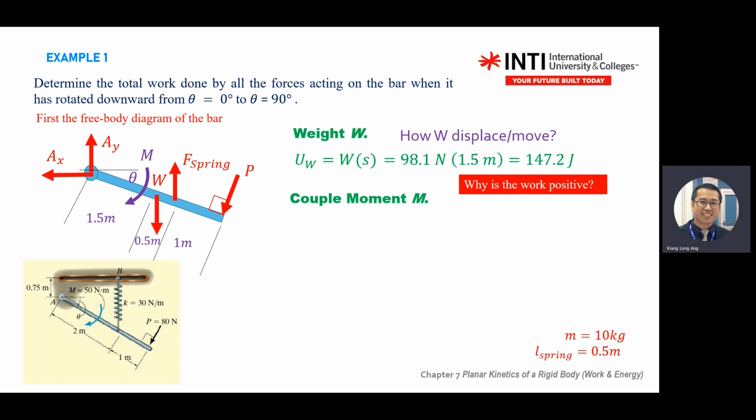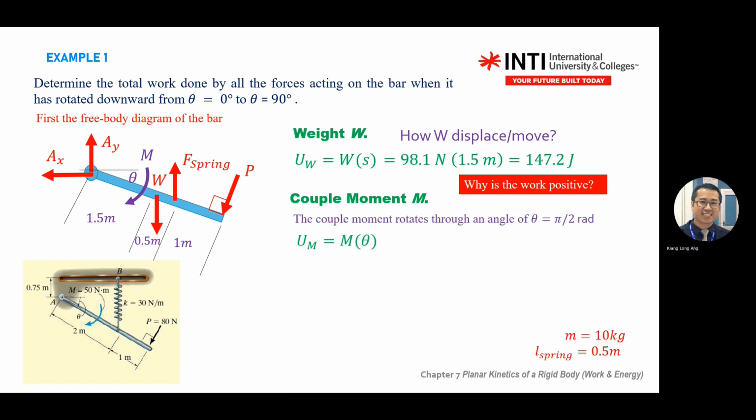So you change from what to what? 0 to 90. Same direction or not? Moment, what direction? So positive. Here you use radian. Don't put 90, you put 90, gone. Moment times the change of angle, both same direction, so you get positive.